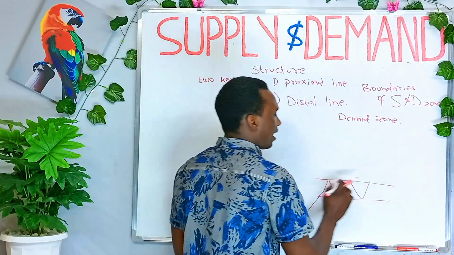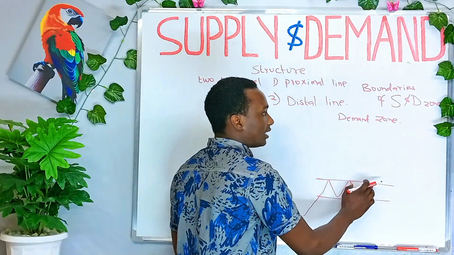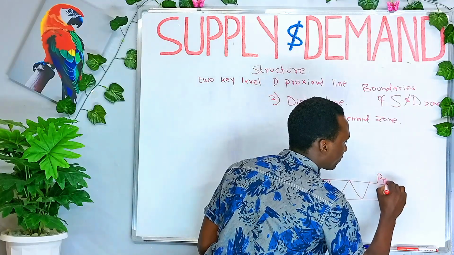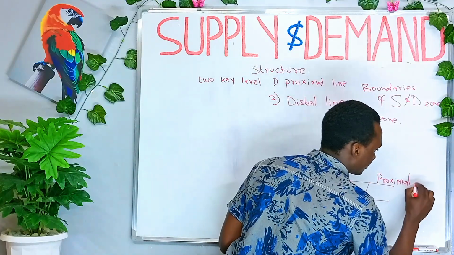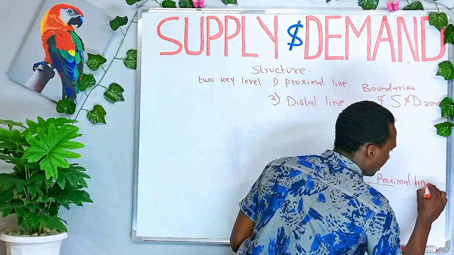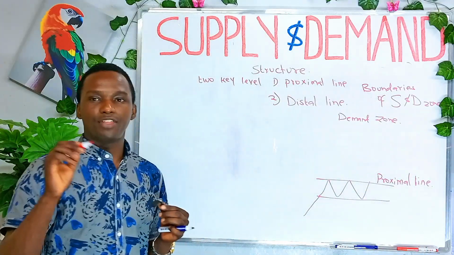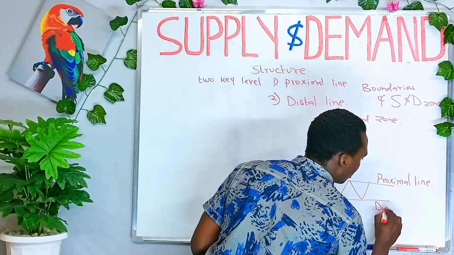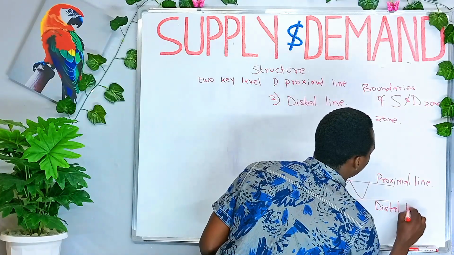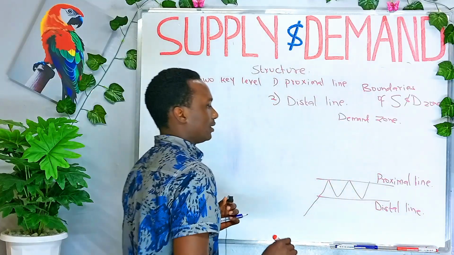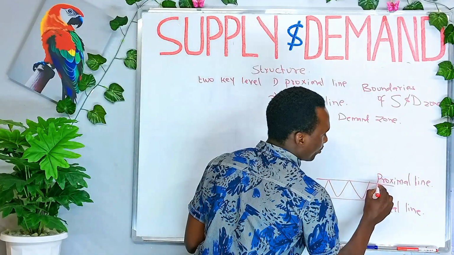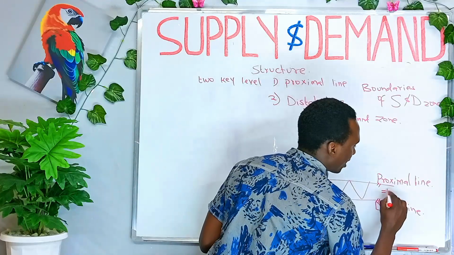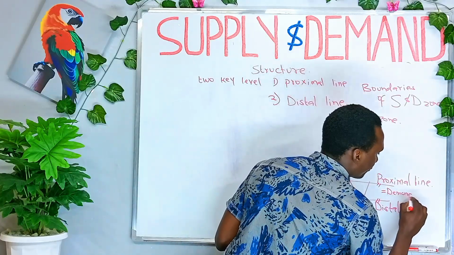The upper line of the demand zone is always called the proximal line. The lower line of a demand zone is called the distal line. The boundary between the proximal line and the distal line is what we refer to as a demand zone.